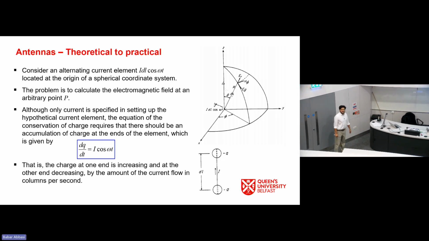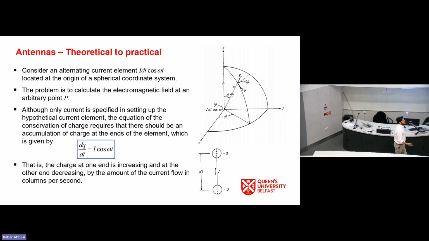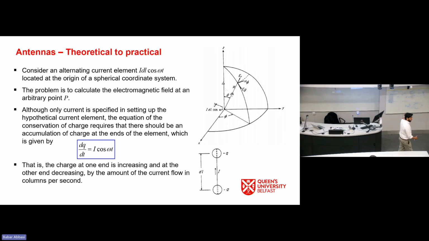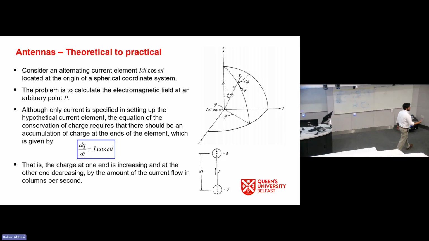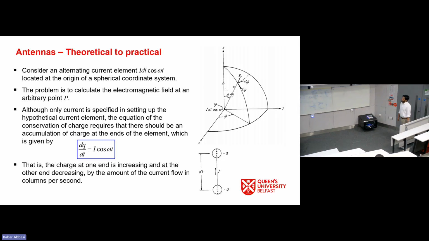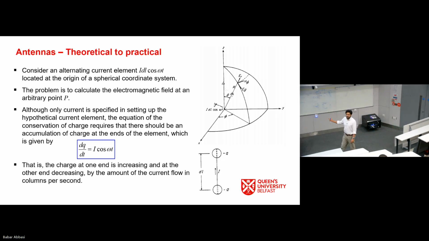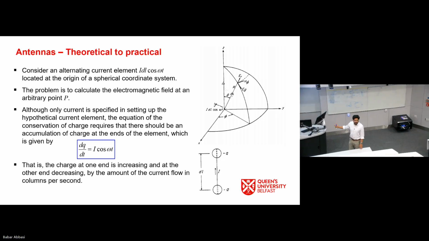You have already seen this equation before. If it was a DC thing, then dq over dt equal to I is enough. But since we want to produce current at a given frequency, we need to introduce a sinusoidal function as well, and that sinusoidal function is simply cos omega t. What is omega?